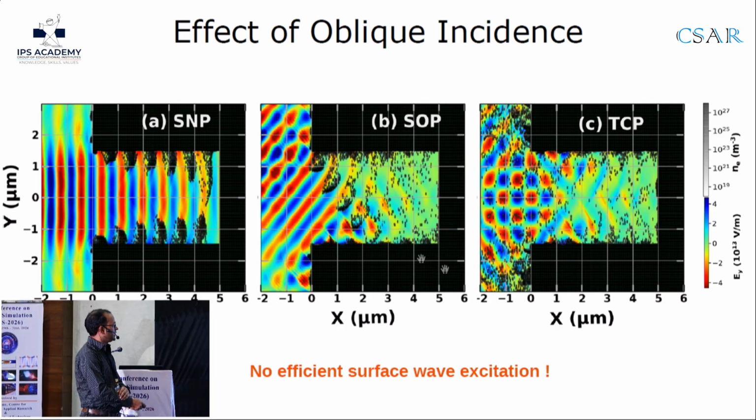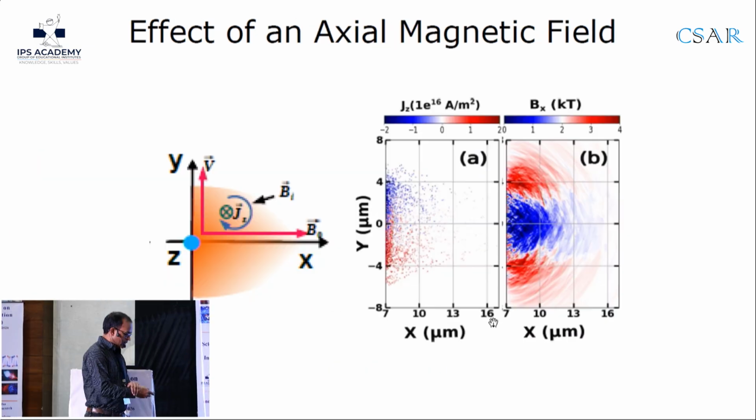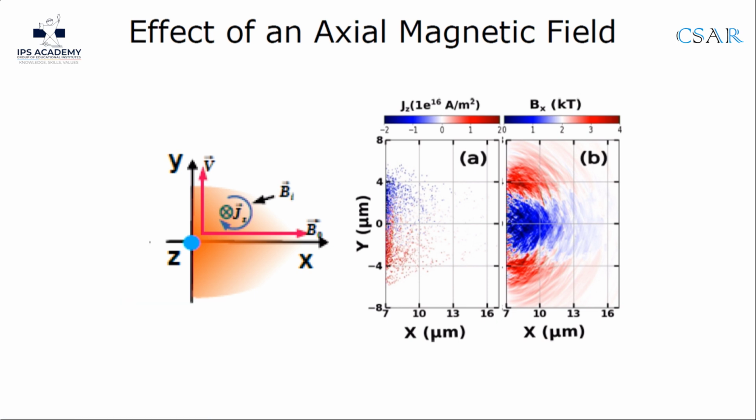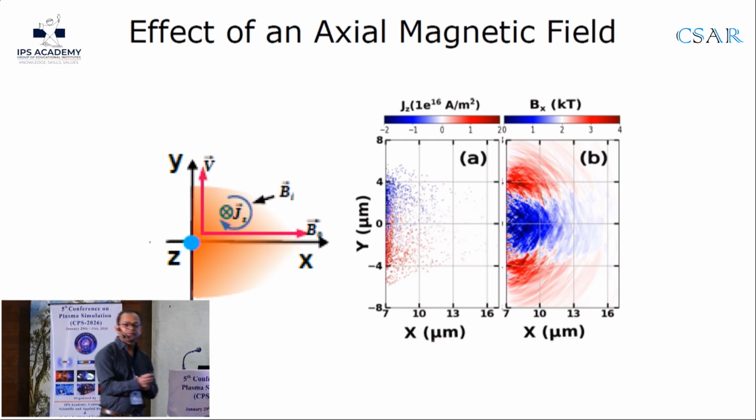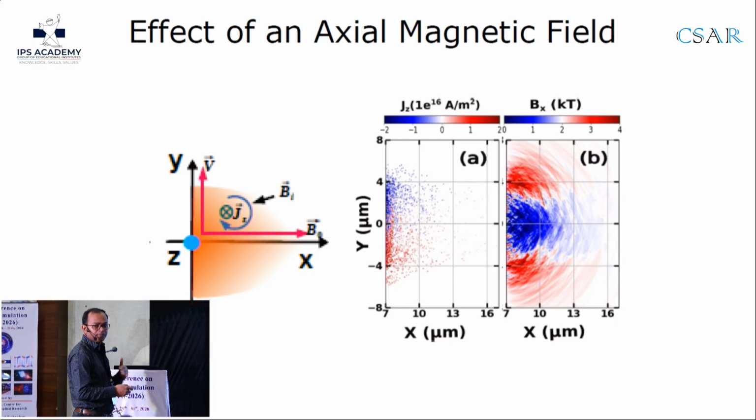So most of the electrons will come here, where the angle of the oblique incidence is. So we don't have efficient surface wave excitation. That means that once you have a structured target, you cannot go for oblique incidence. Of course, experimentally you will have some deviation from the normal incidence, but we have to keep it close to normal incidence.